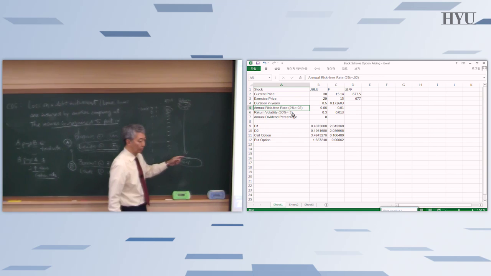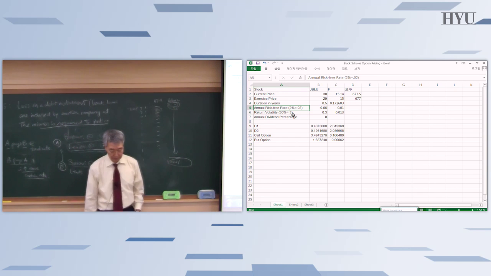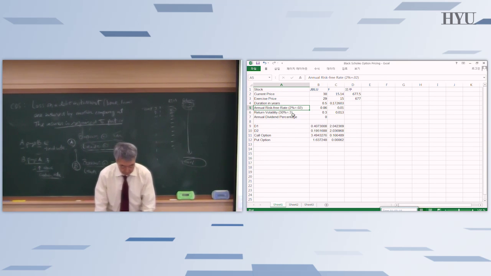Then you don't have to convert it back. You know how to do that. Anyway, you don't need the annual dividend percentage. This annual dividend percentage is used to calculate put option value rather than call option value.